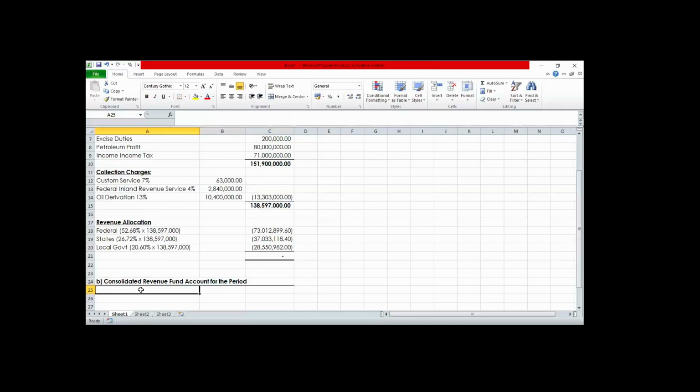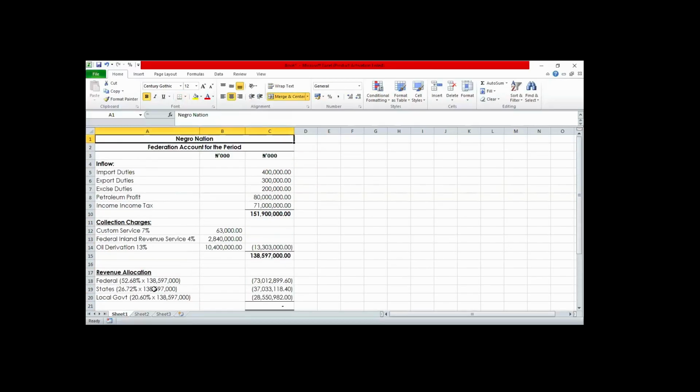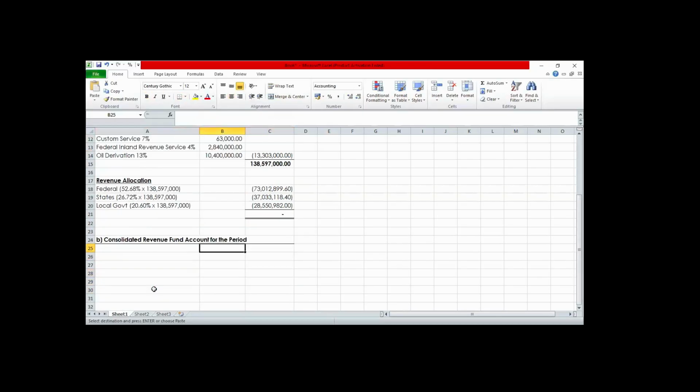If we have an opening balance, the way we have done that one, that's where we are going to do this one, but the items are different. Where there is an opening balance, you recognize it. If you don't have an opening balance, you ignore.